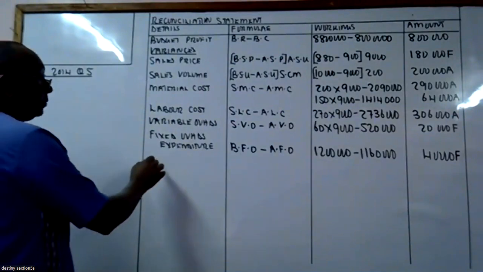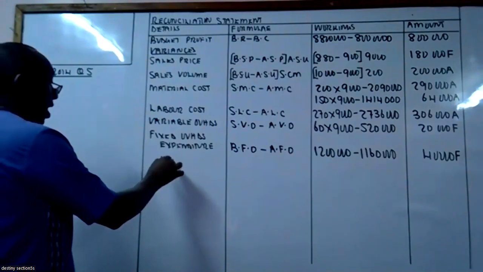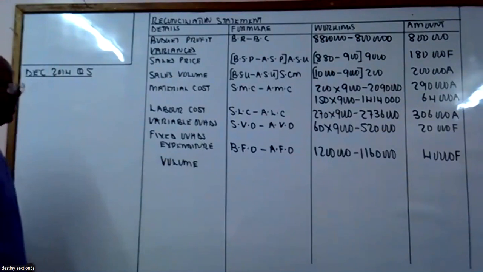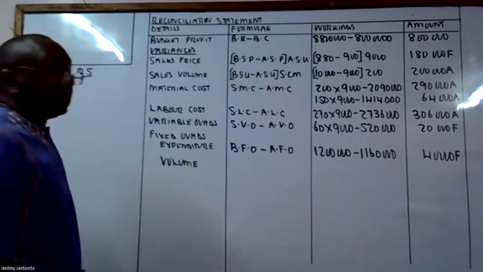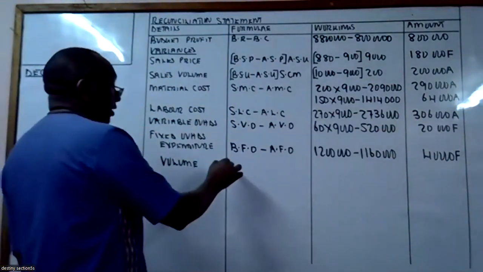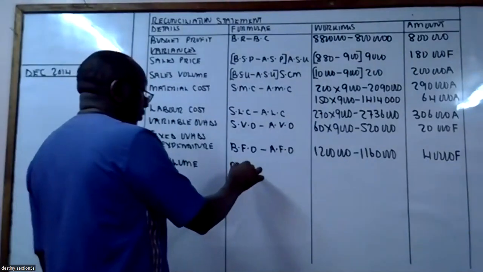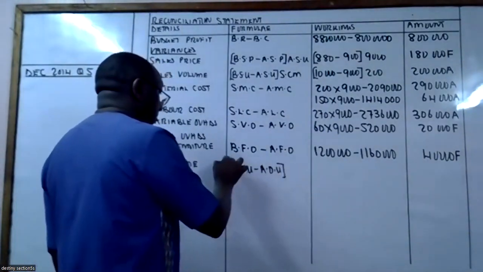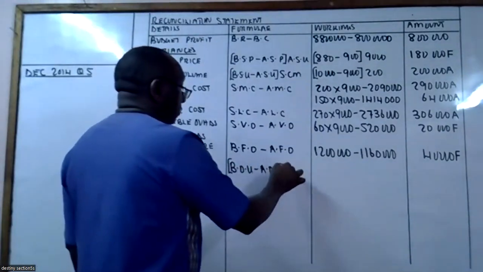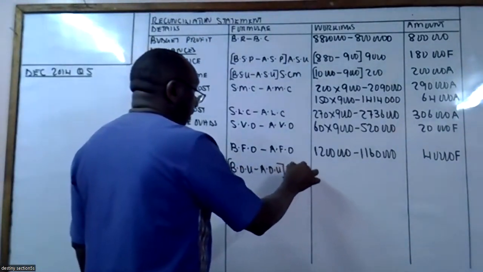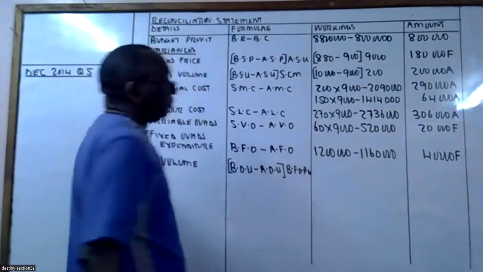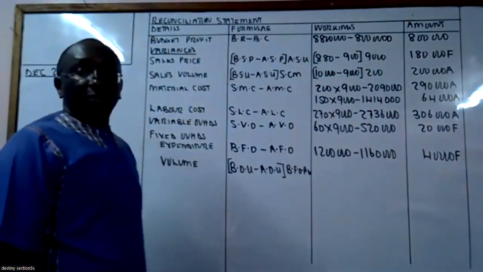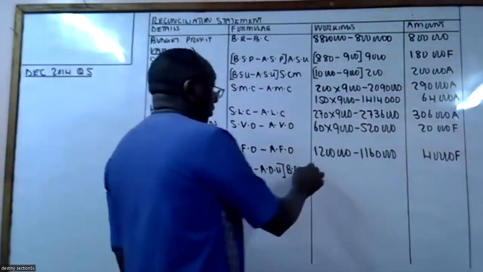And then we have the volume. Now volume, we know is given as budget output units minus actual output units multiplied by budget fixed overheads per unit. But this one, you only work it when we have stocks.